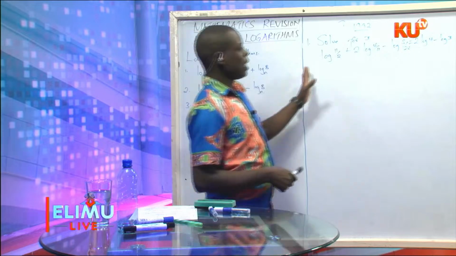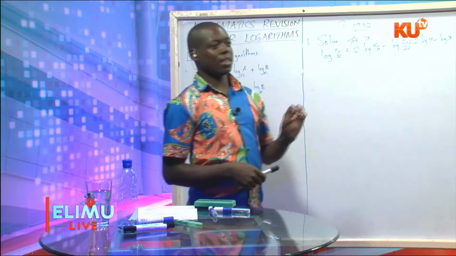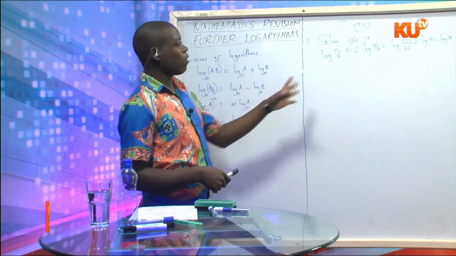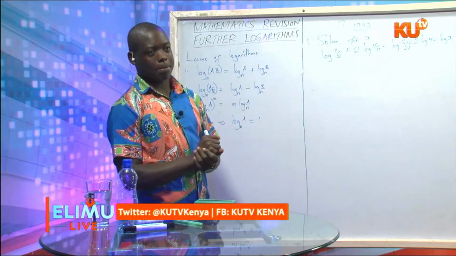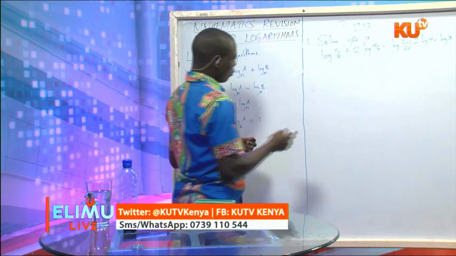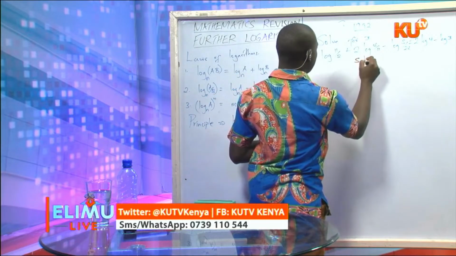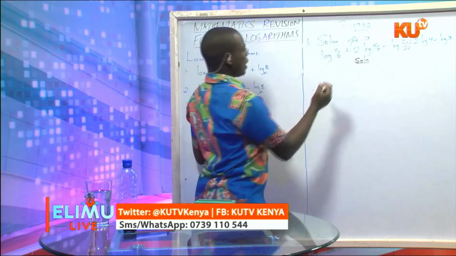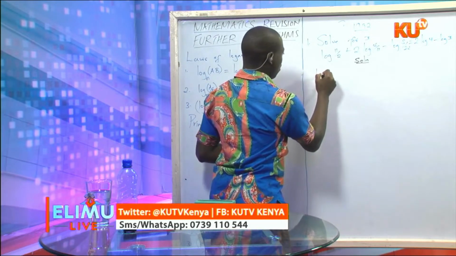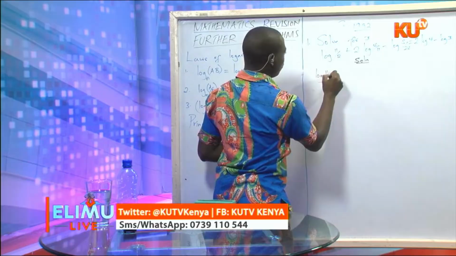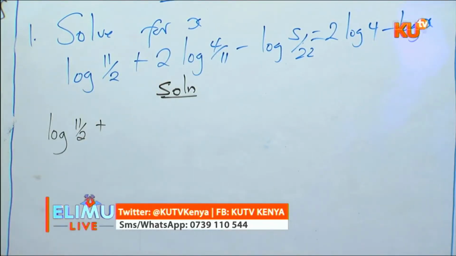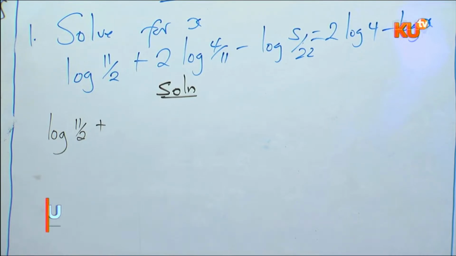So in this case, this question has not given us the base, and so it definitely means that all these logarithms are to base 10. So what we need to do is to consider that the bases are the same, which is true. So we start by saying log of 11 over 2, we add. Now we apply the third law of logarithm in the second term.